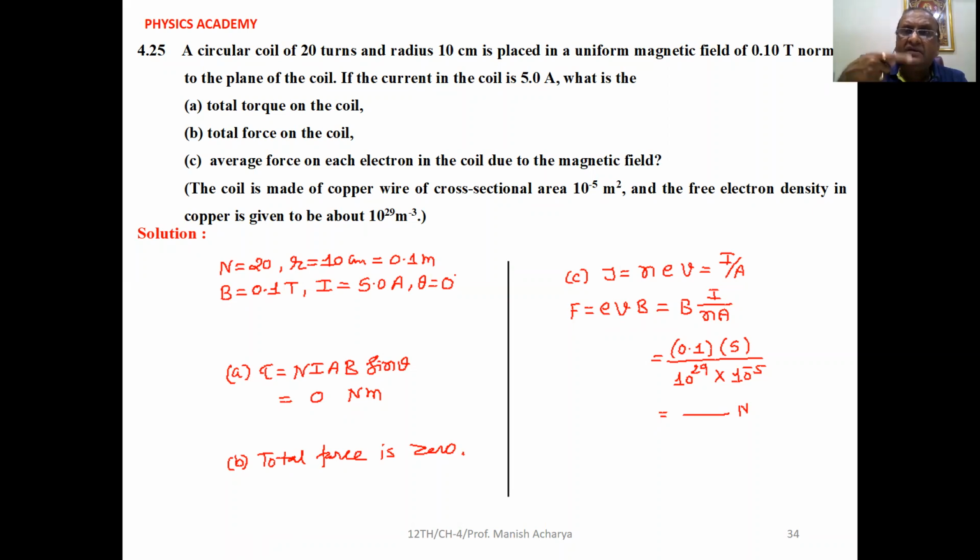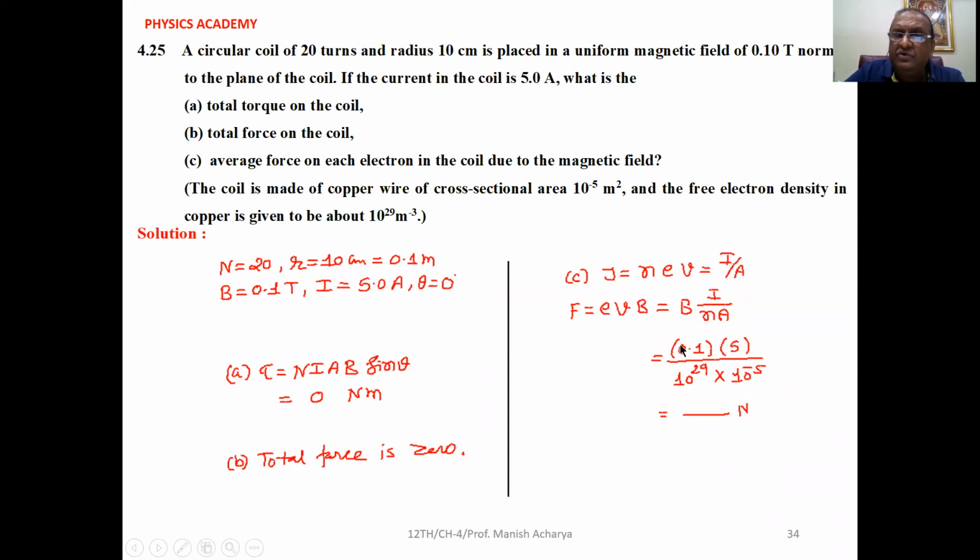Here, the velocity and magnetic field both are perpendicular to each other. Therefore, simply we can write magnitude-wise the force is evB. Substitute the value of v from this one, so that is I upon neA, or simply you can substitute the value of nev directly, so that is I upon nA.